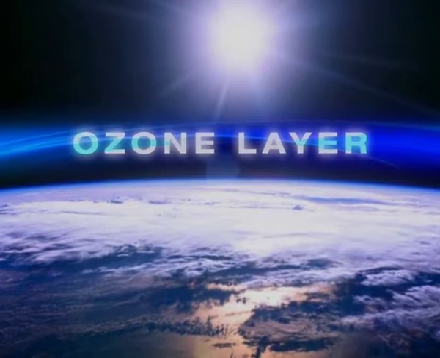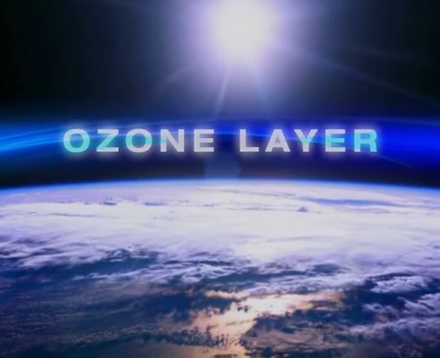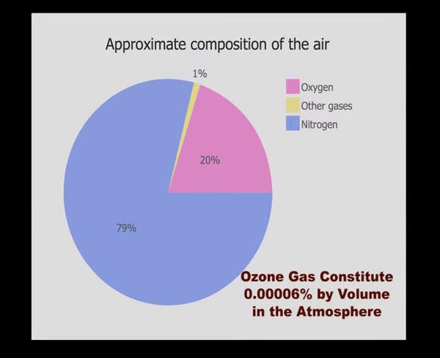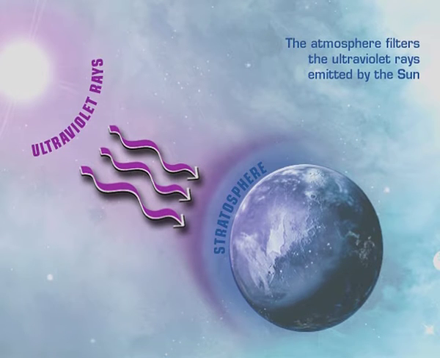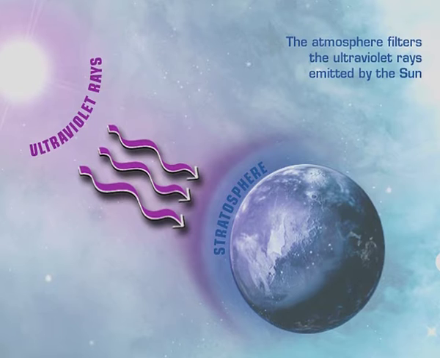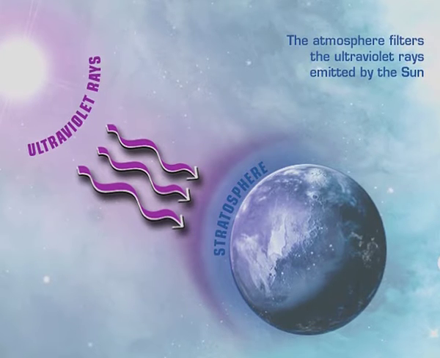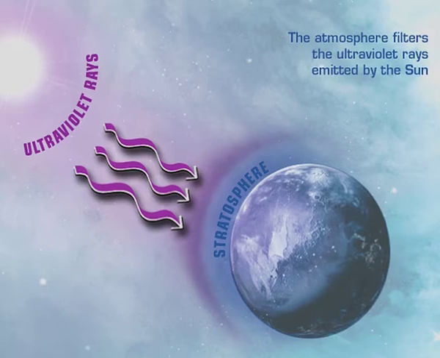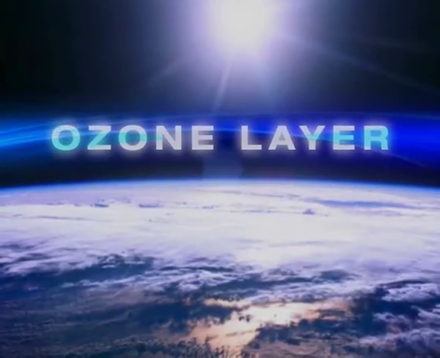The ozone gas constitutes merely 0.00006% by volume in the atmosphere, but it is the most efficient absorber of the burning ultraviolet radiation from the sun. Owing to its nature, all must know the significance of the ozone layer.